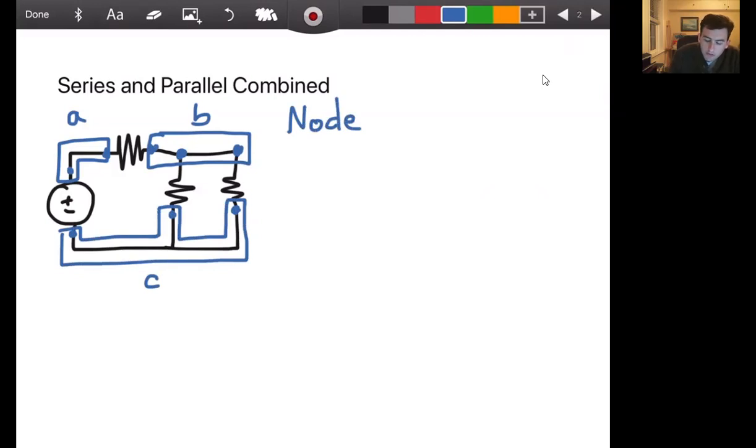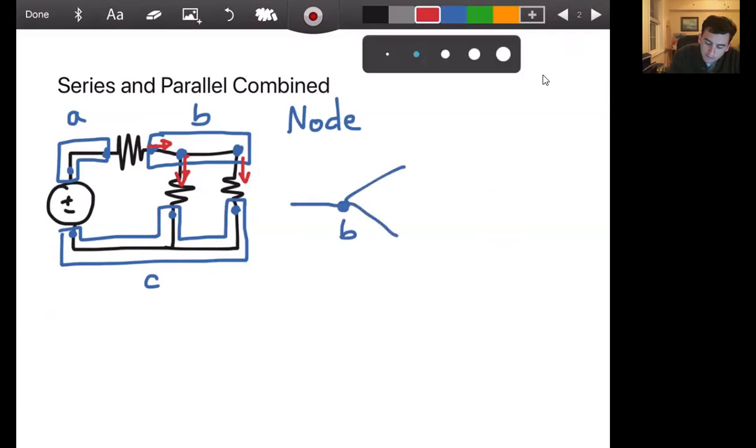At each node, current can flow in various directions. For example, at node B, current can flow this way, current can flow this way, and current comes in this way. If I were to redraw node B, it would look something like this, where we have current flowing in and two paths flowing out.